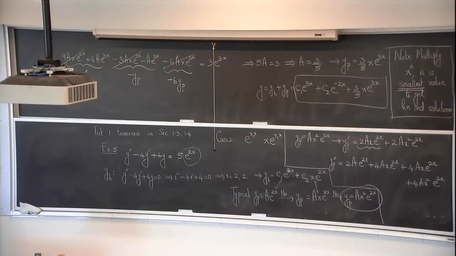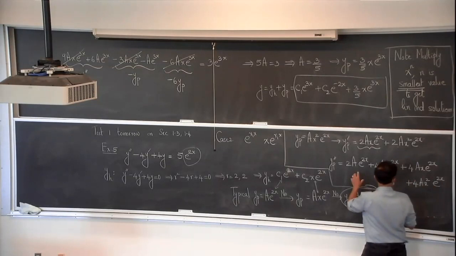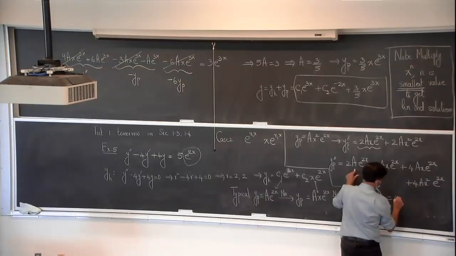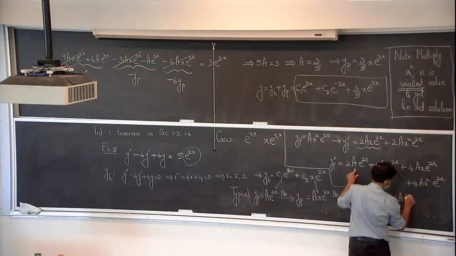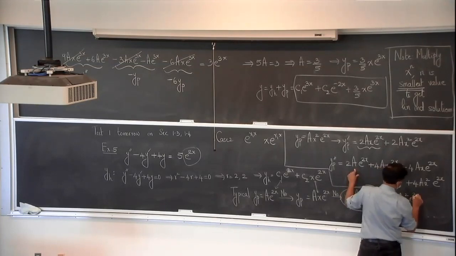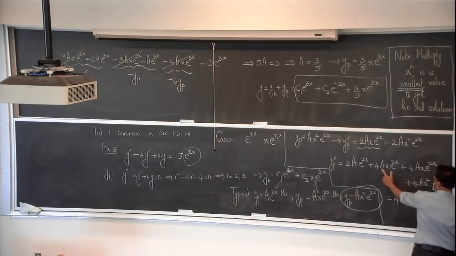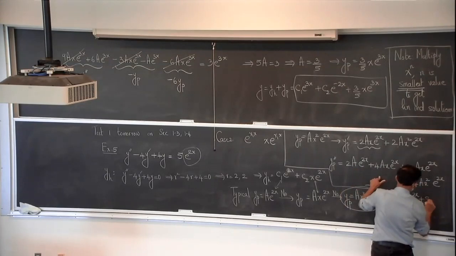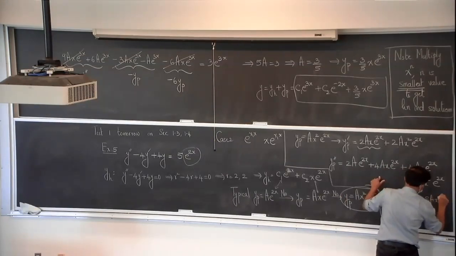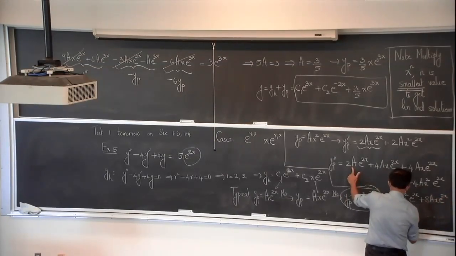So it's a little bit of product rule calculation there, but nothing too bad. Okay, so it's going to be 4ax square e to the 2x. Plus you can combine these two to be plus 8ax e to the 2x plus 2a e to the 2x.